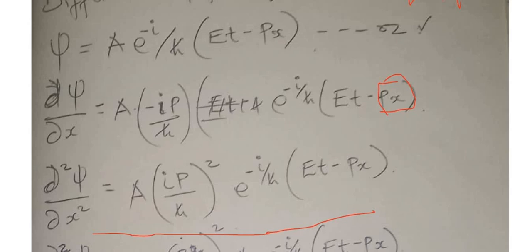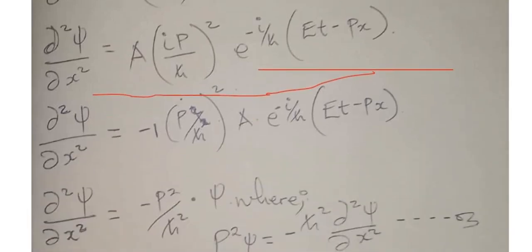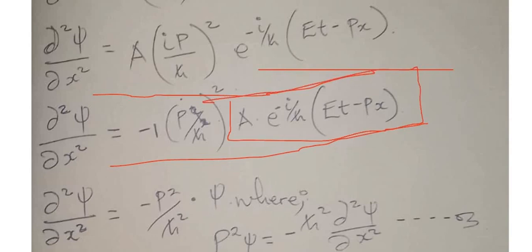Because of the negative, it will be positive i times p, squared. This particular part represents psi x, the function of psi.